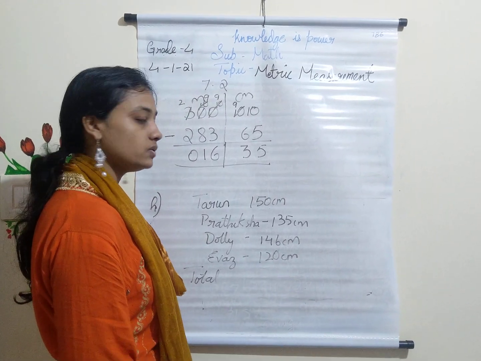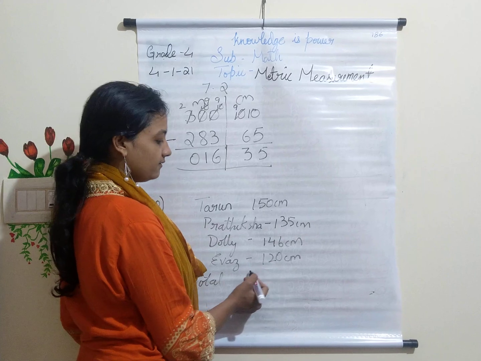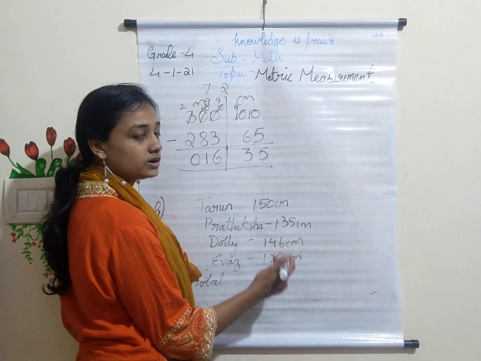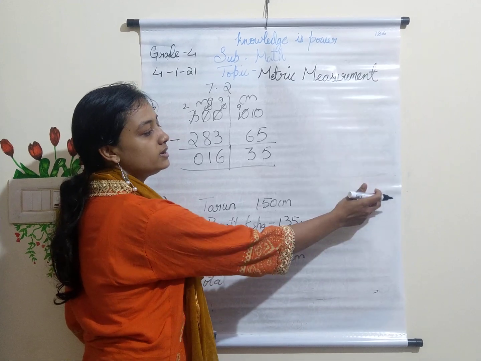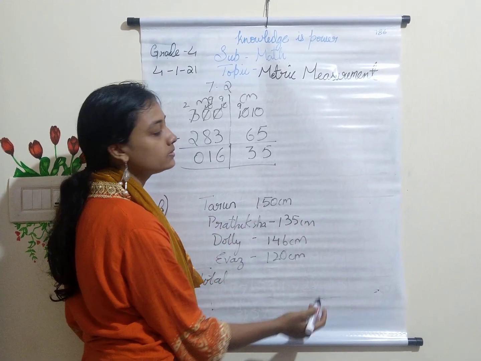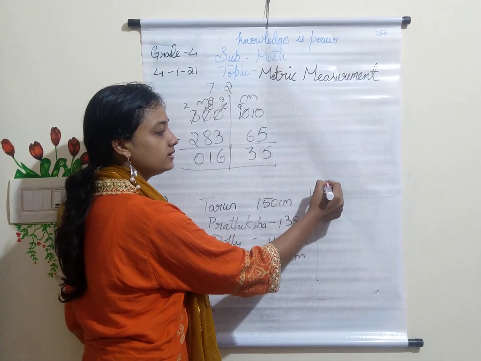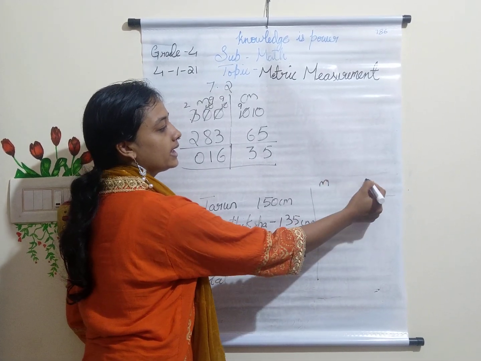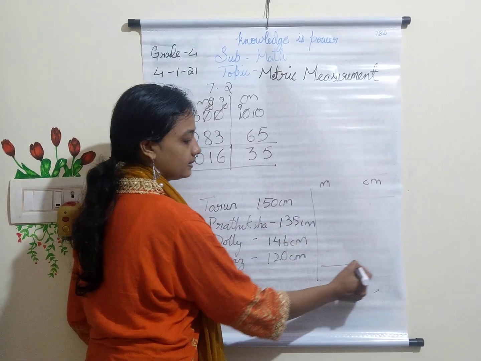So first what we should do is, we can find the total and then convert it into meters and centimeters, or we can first convert it into meters and centimeters and then add. So let me show you. First let us convert it into meters and centimeters and then add them.